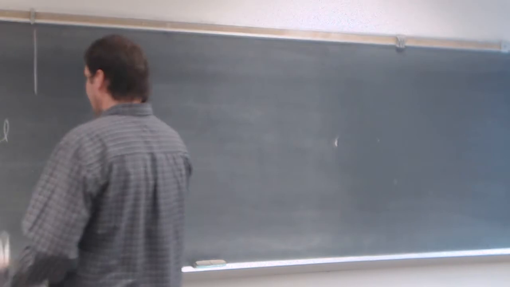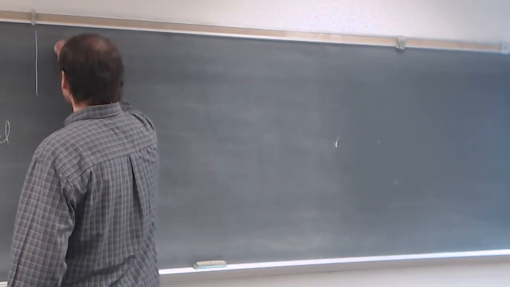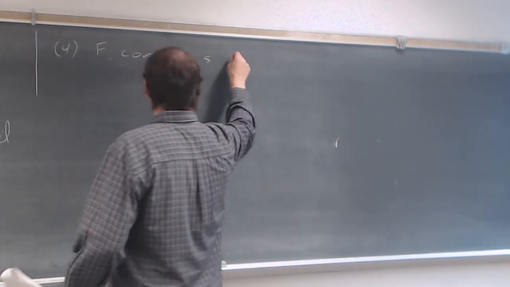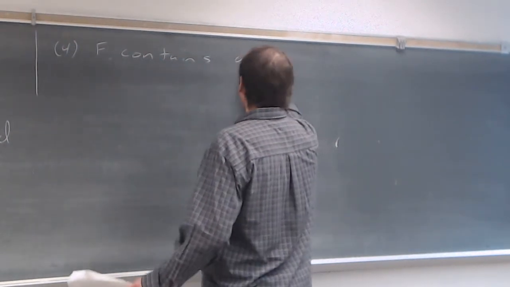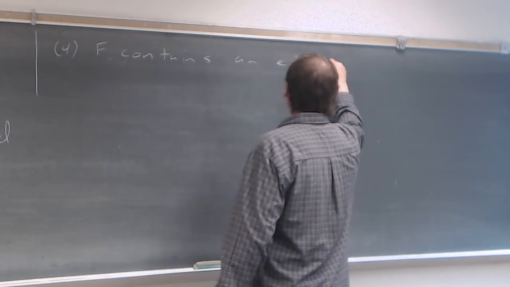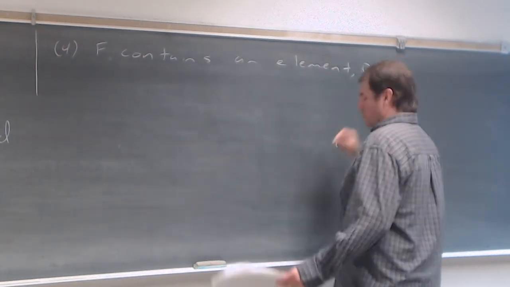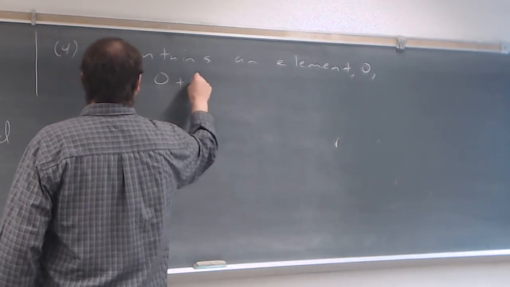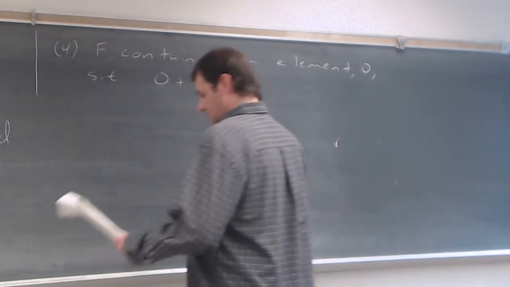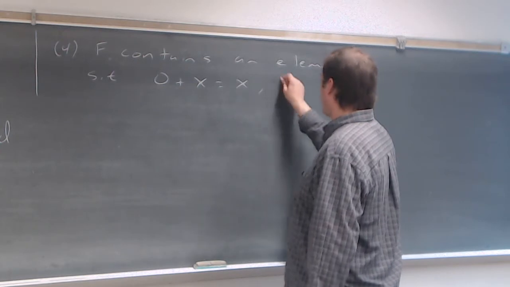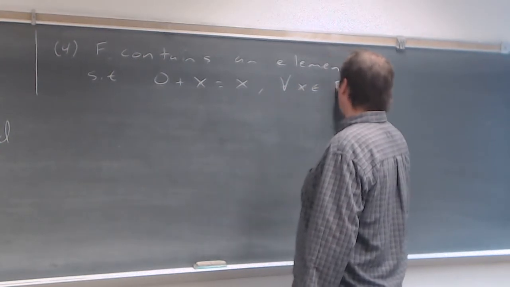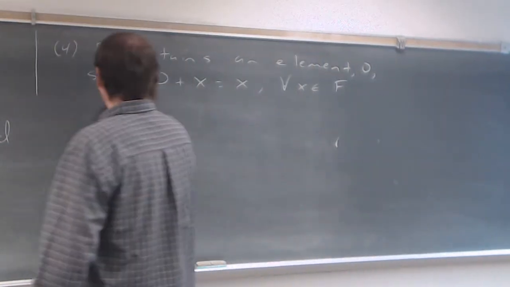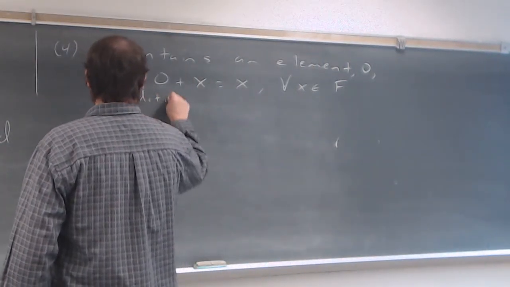The next one is that F contains the zero, an element 0, such that 0 plus x equals x, for all x elements of F. This is the existence of the additive identity.